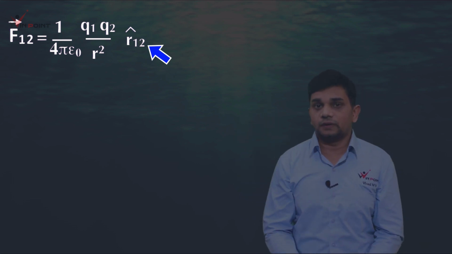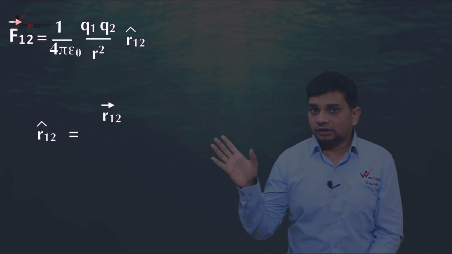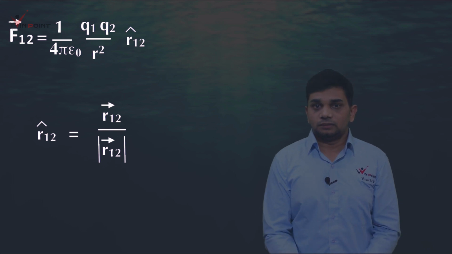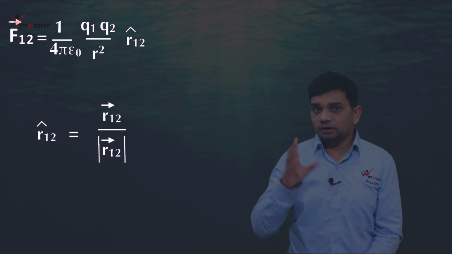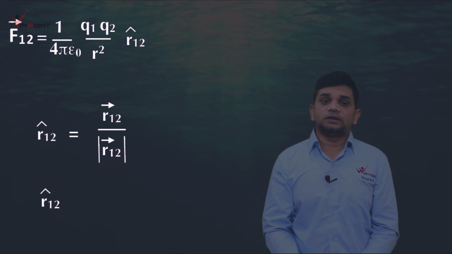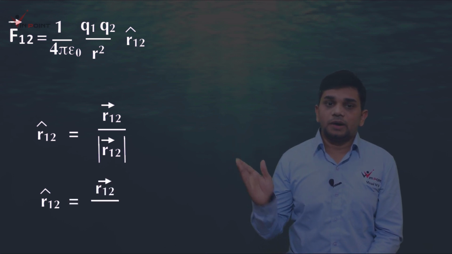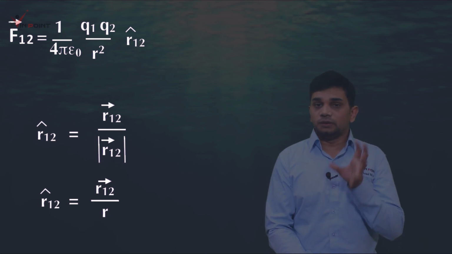So here the unit vector is r12. What will be the equation for that? Unit vector r12 equal to vector r12 divided by magnitude of vector r12, right? What is the magnitude of vector r12 in this case? The distance between q1 and q2, it was r. The magnitude is r. So we can write unit vector r12 equal to vector r12 divided by r. This is the equation for this unit vector.